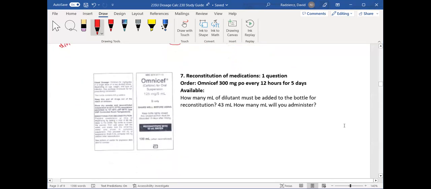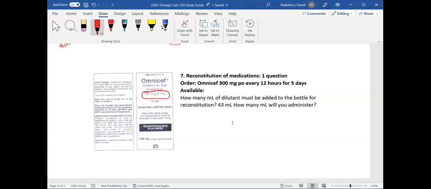All right, so you will have a reconstitution question. For a question like this, the Omnicef, this is technically not a reconstitution question because it gives you the suspension information. I think we worked through one of these already, so let me continue on. But make sure you're looking at your labels.